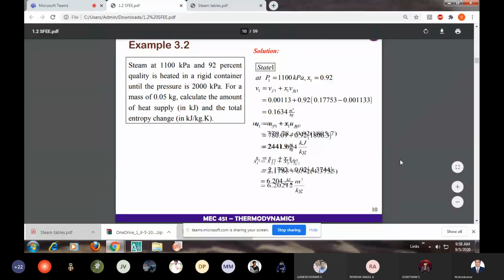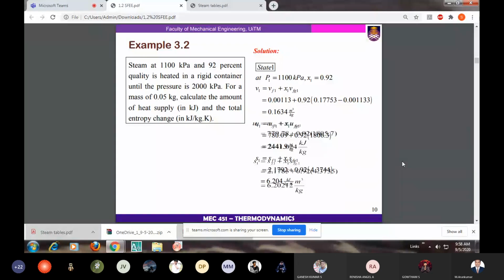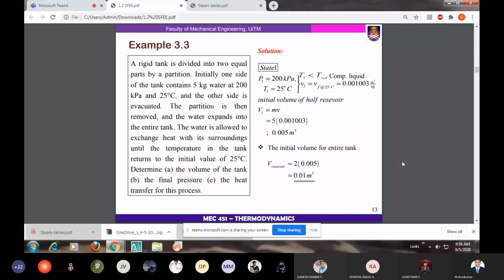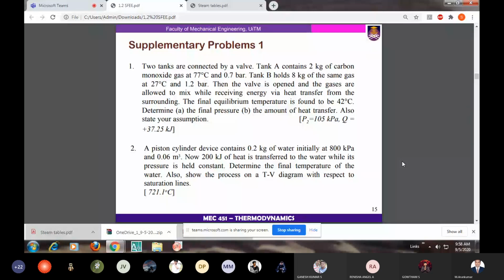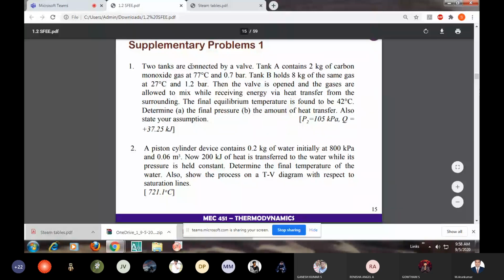Then we can have much more idea about how to use the steam tables. Right. So just try to solve these kind of problems. I have given the supplementary problems. So just try to solve these two problems from your end. Before that, look at these two problems.